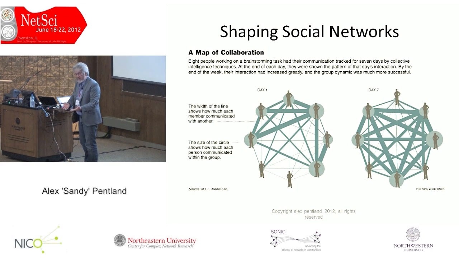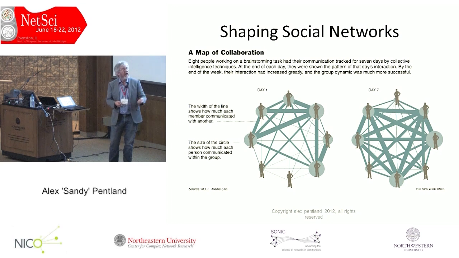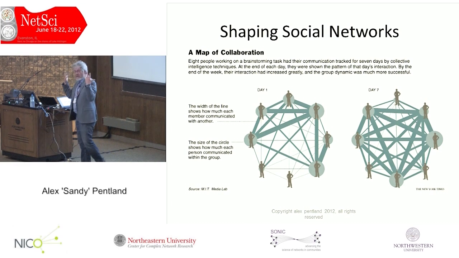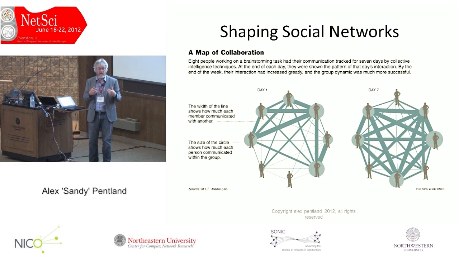But if you gave them a diagram at the end that showed the amount of interaction they have and the amount of participation that they had, so how much they spoke and who they spoke to, and let them talk about it, eventually they would get to a much more richly connected group. So you can shape networks by the fact that people have this norm that is internalized to them, that everyone should participate and everybody should talk to everybody.